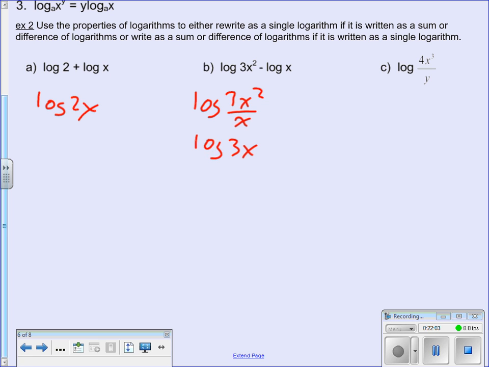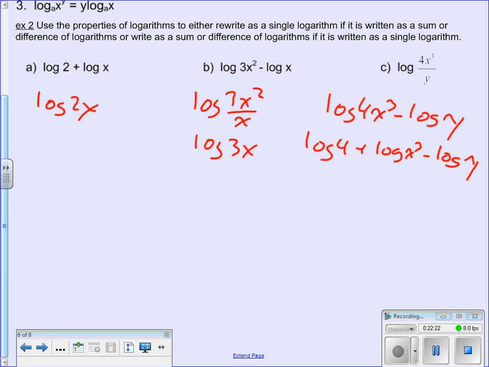This one I need to split up. The log of 4x cubed minus the log of y. The log of 4 plus the log of x cubed minus the log of y.